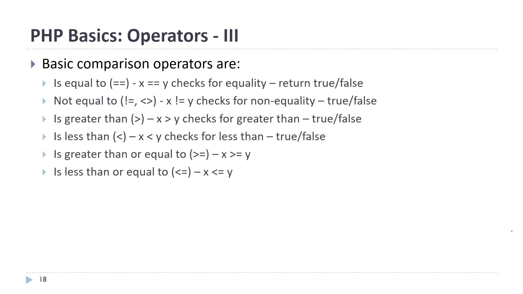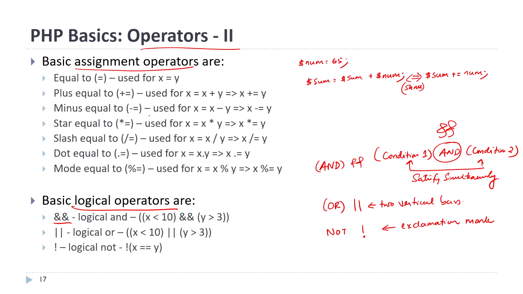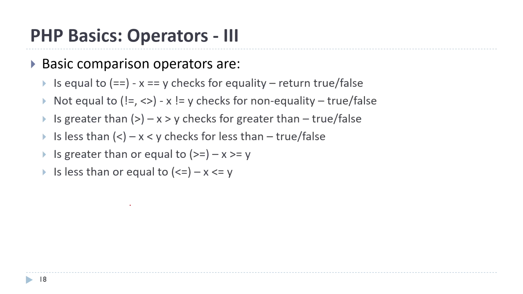Okay. Now, the third one is comparison operators. We have seen arithmetic operators, then assignment operators, logical operators, and the third set of operators is comparison operators. If you say x is equal to y, this check gives you true or false.